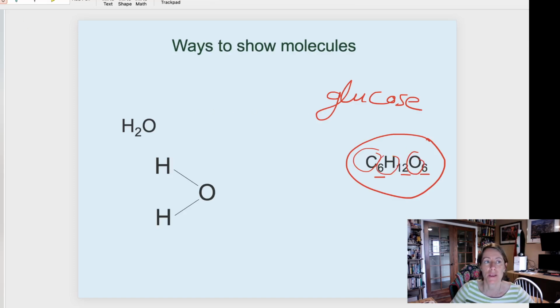That's the recipe. You need those different atoms to create a single molecule of glucose. But you can see here, it's a much bigger, more complicated recipe.